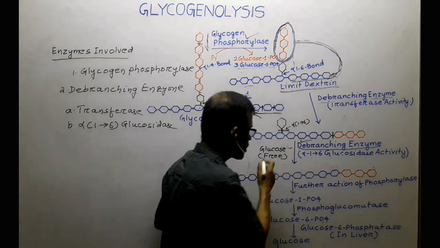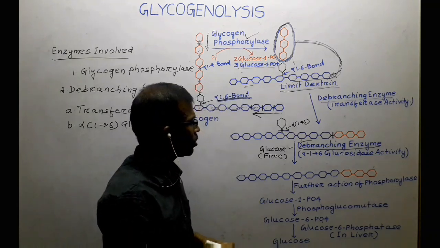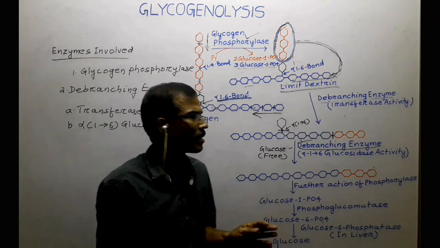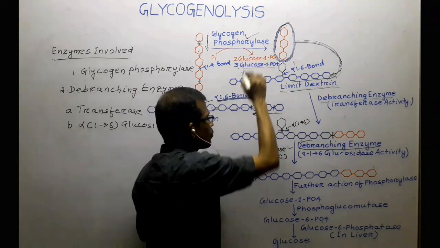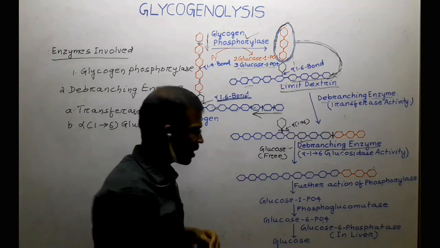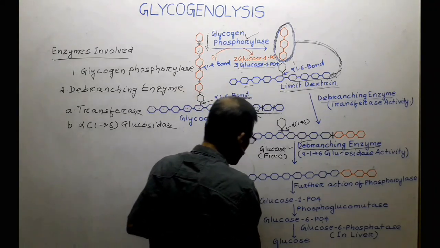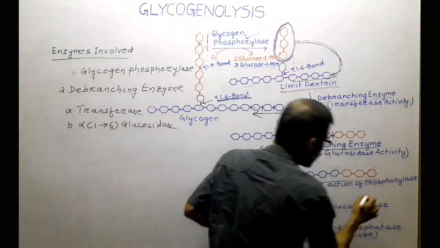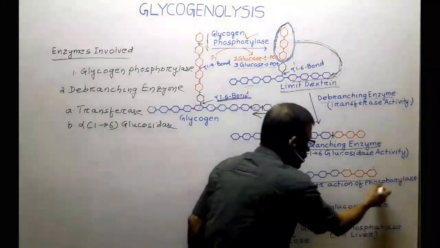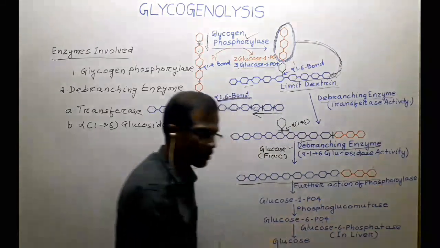free glucose residues. So the cleavage of glycosidic linkages by glycogen phosphorylase and debranching enzyme results in the formation of this glucose chain, which is further cleaved by the action of phosphorylase.